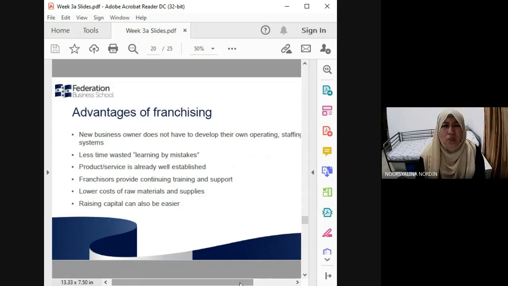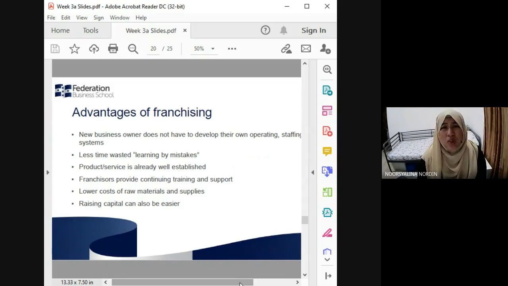Do you know Taco Bell has already been opened in Malaysia? And then also the franchisor provides continuing training and support. From time to time, the franchisor keeps on monitoring whether the franchisee is doing the right job. And there is a lower cost of raw materials and supplies because everything is provided by the franchisor.